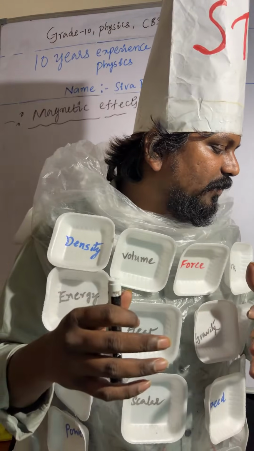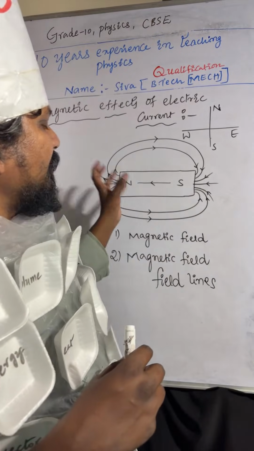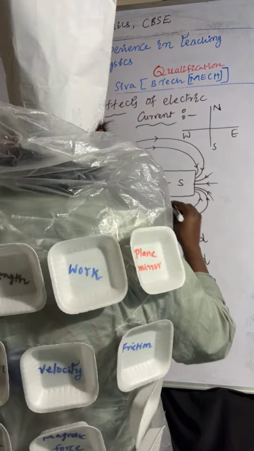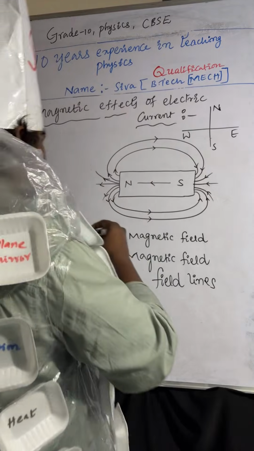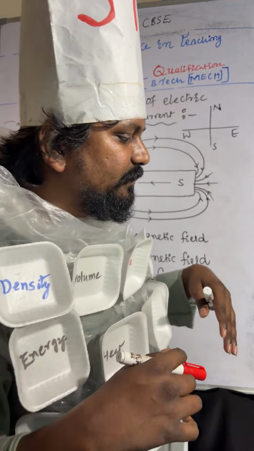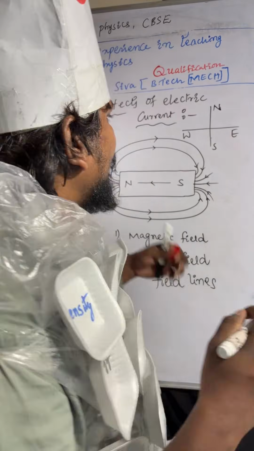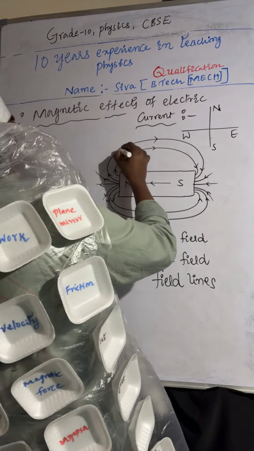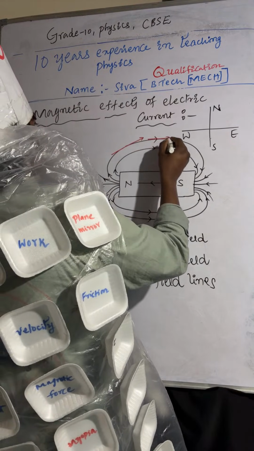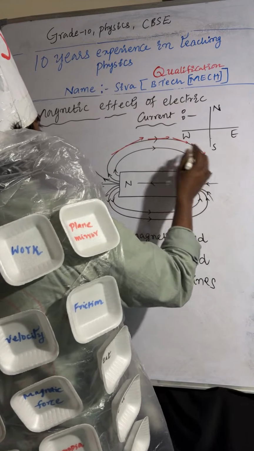Okay, come to the point. Now you can see magnetic field lines are closed loops. They will never intersect. If I want to find out the magnetic field direction at this point, I draw the tangent at that point, and along that direction you can observe the field.